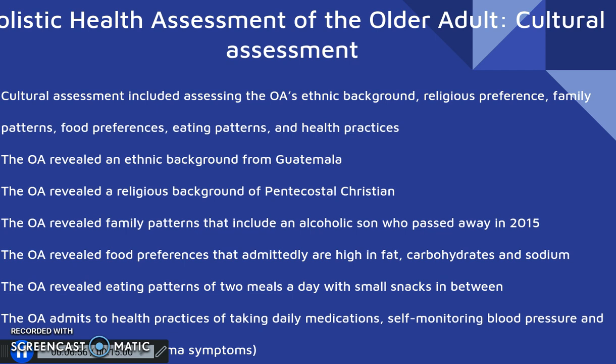The OA revealed food preferences that admittedly are high in fat, carbohydrates, and sodium. The OA revealed eating patterns of 2 meals a day with small snacks in between. And the OA admits to health practices of taking daily medications, self-monitoring blood pressure, and controlling asthma symptoms.